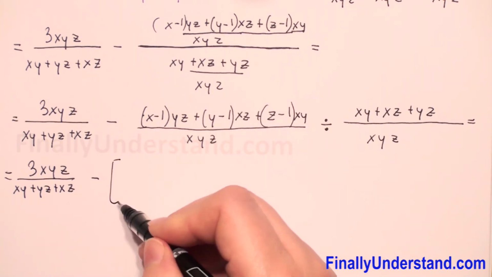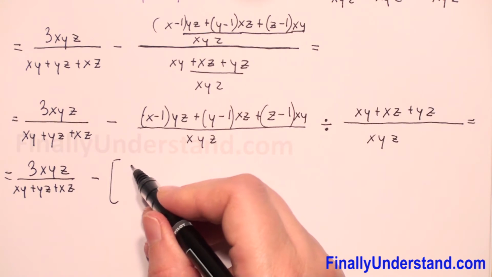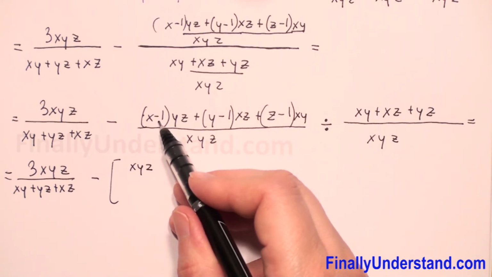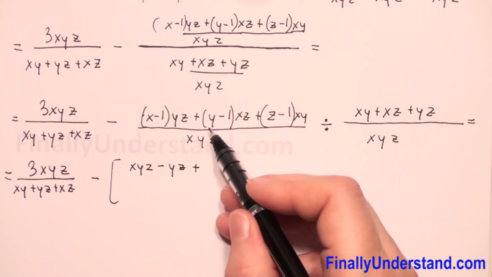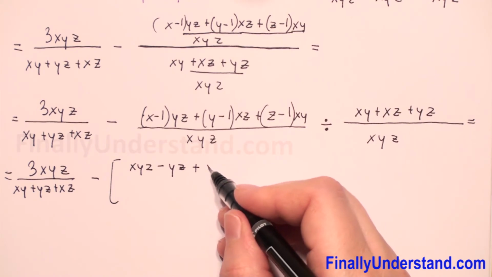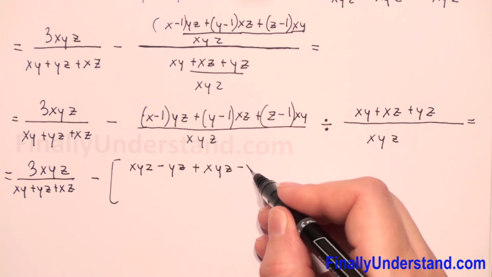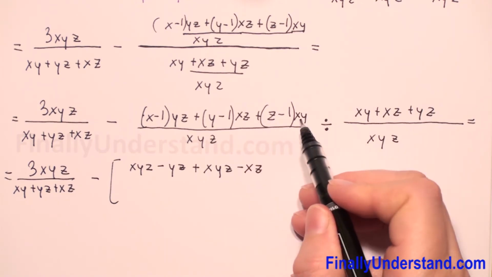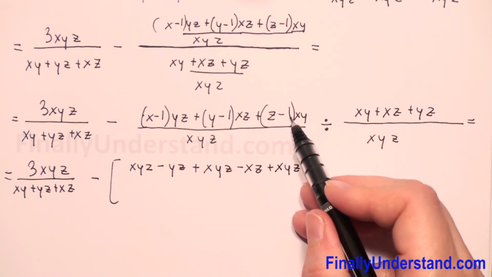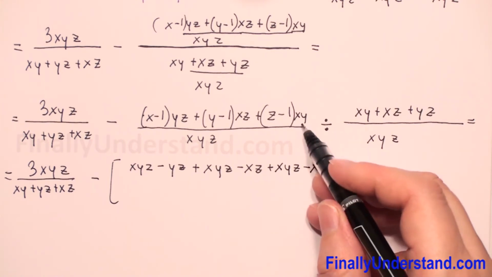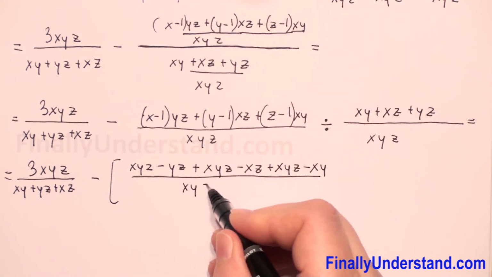So let's put this whole fraction in brackets, so it will be x times yz, this is xyz, negative 1 times yz, so negative yz, and we have plus y times xz, so xyz, negative 1 times xz, so negative xz, and next we have z times xy, so plus xyz, and we have negative 1 times xy, so it's negative xy, of course, and we have over xyz.